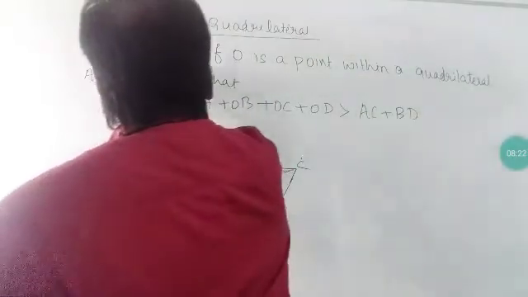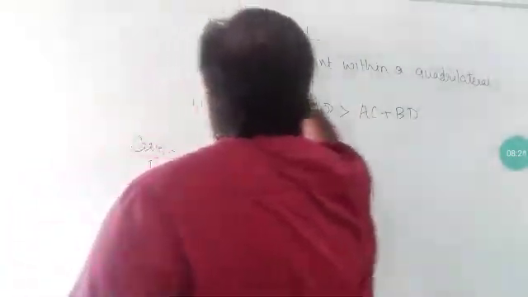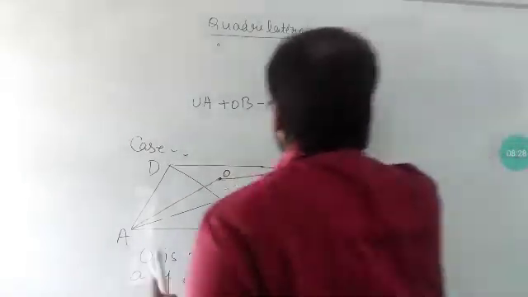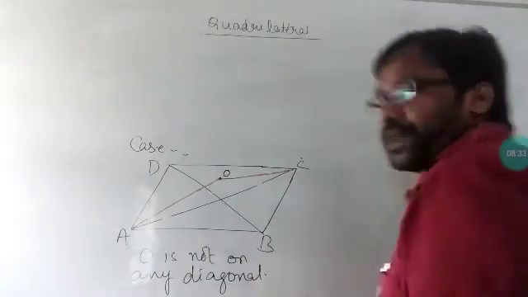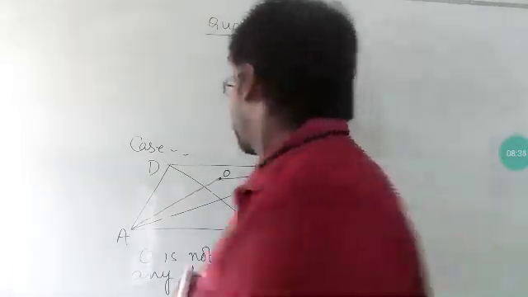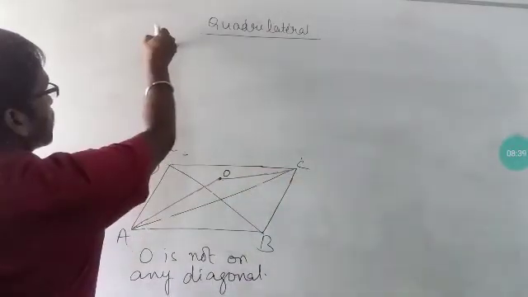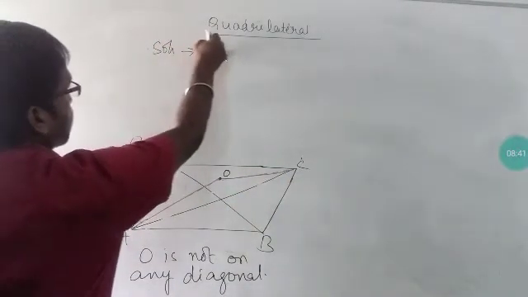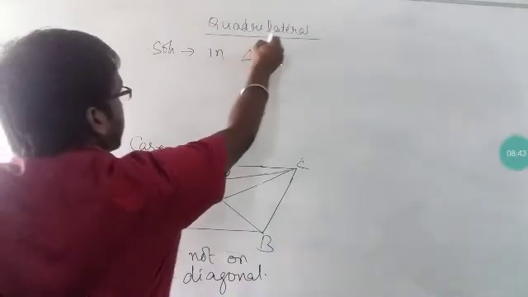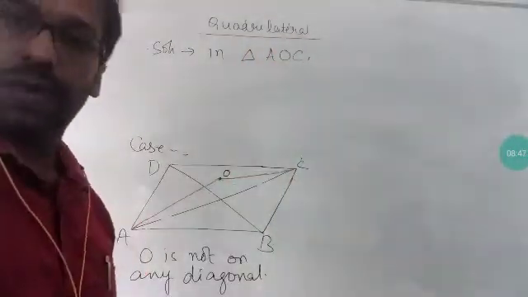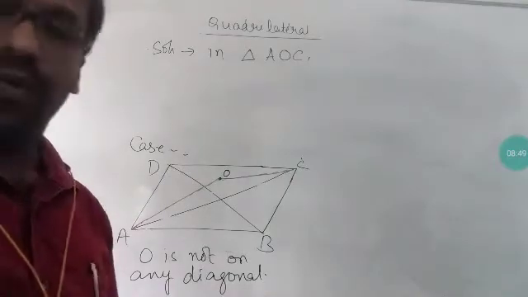What was that? The sum of two sides is greater than the third side. So in triangle AOC, the greater than term is AC. That means AO plus OC is greater than AC.